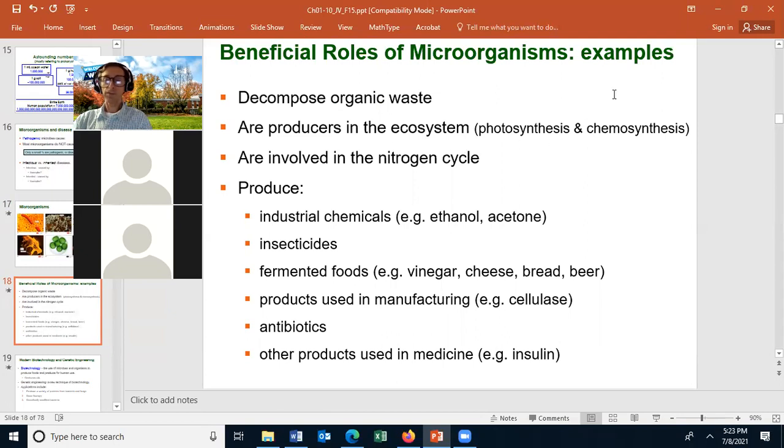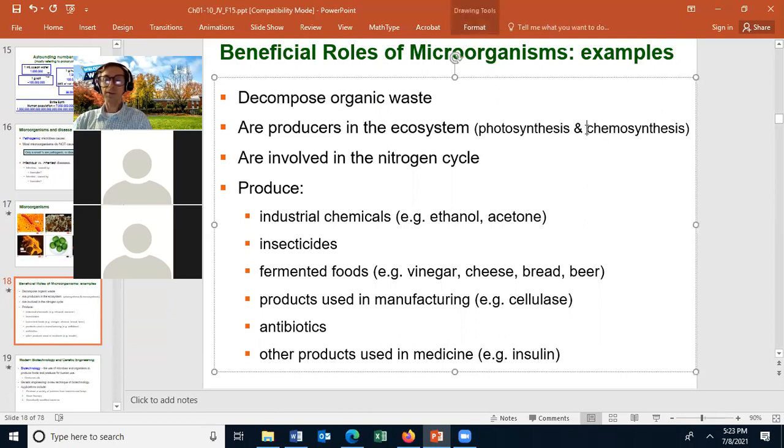So converting it from one chemical to another chemical, which is oftentimes sugar. We'll talk briefly about chemosynthesis because bacteria and archaea are the only chemosynthetic organisms on the planet.